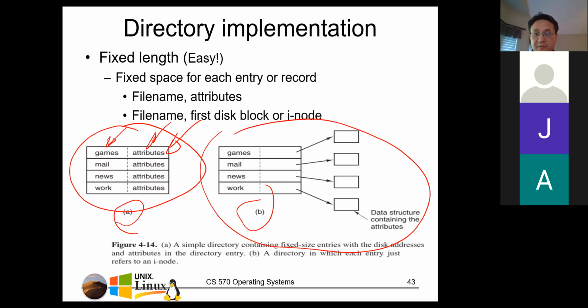Nothing fancy about this. For the systems that use inodes, each entry here can have the file name mapped to the inode of that file.